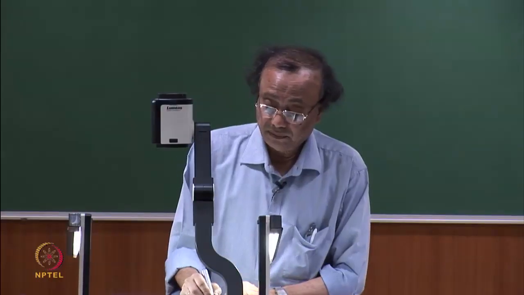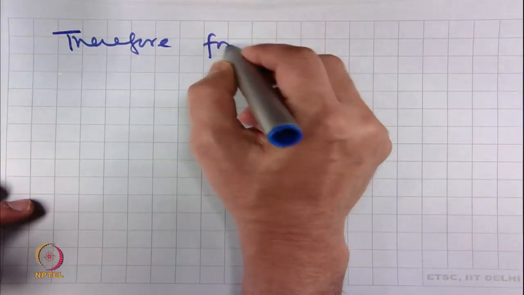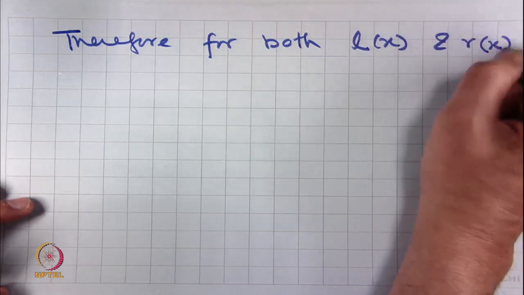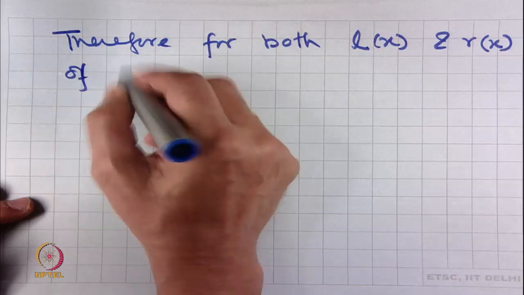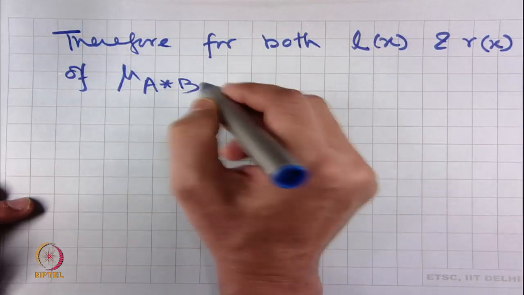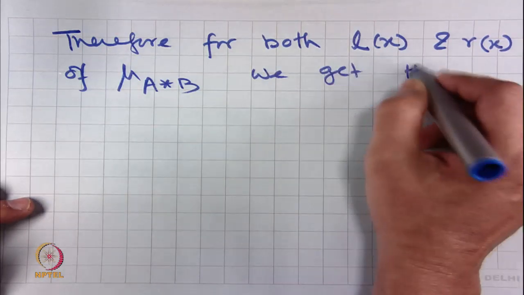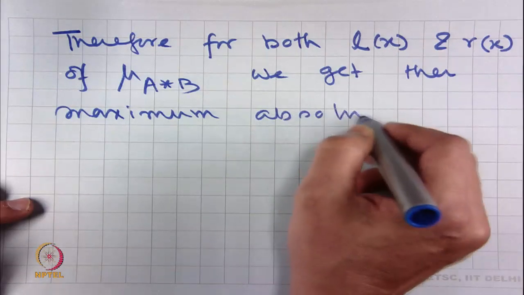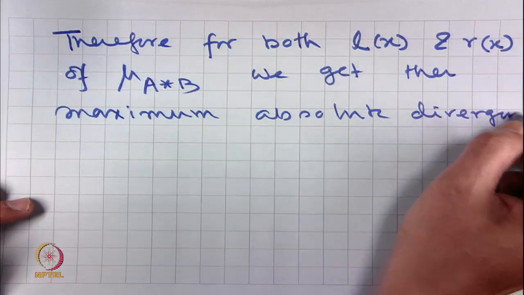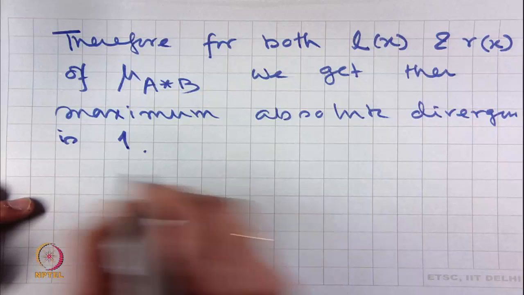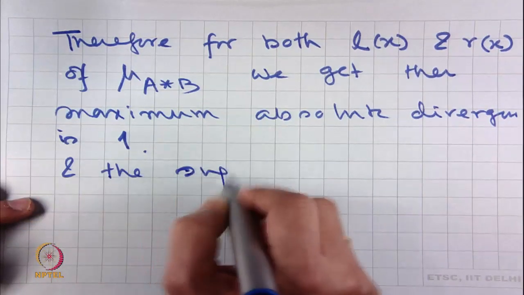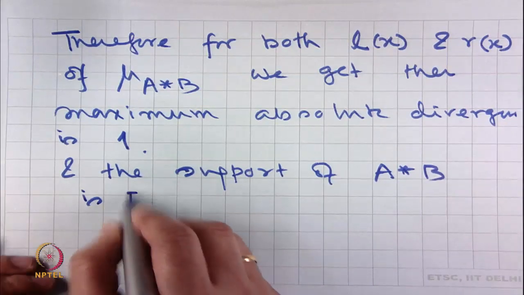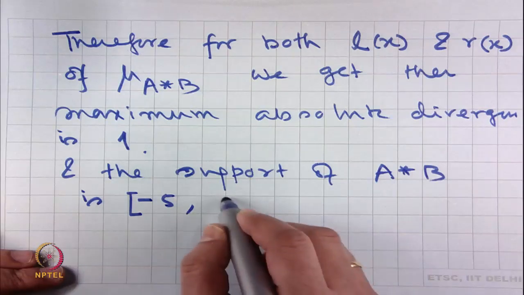Therefore, for both left hand side function of mu A star B and right hand side function of mu A star B, we get the maximum divergence or maximum absolute divergence is 1, and the support of A star B is from minus 5 to 15.